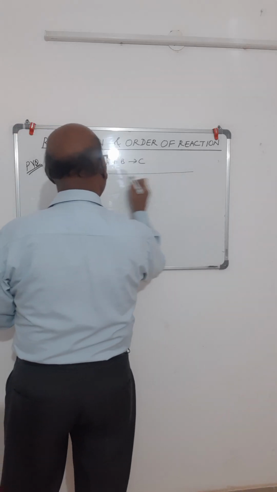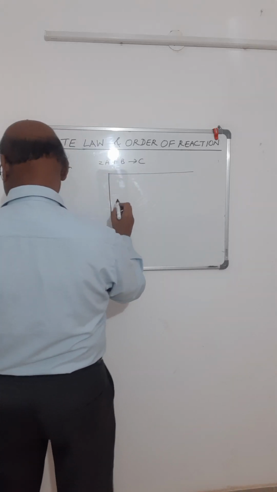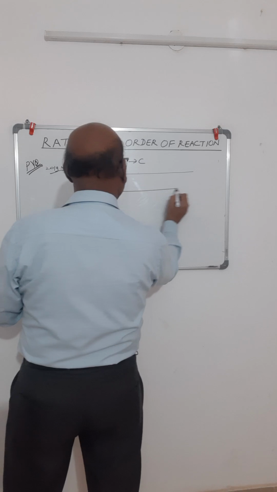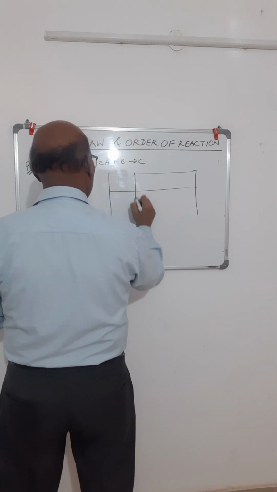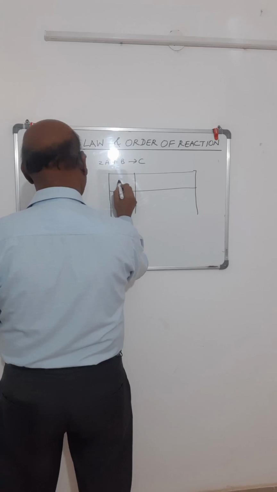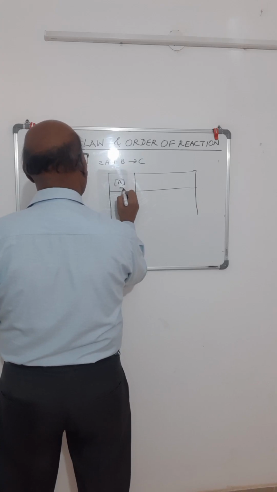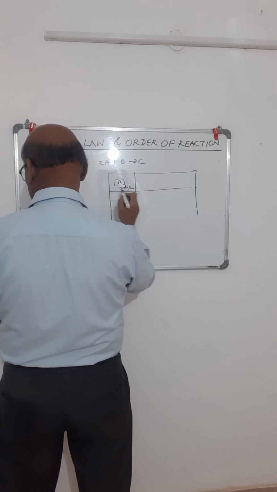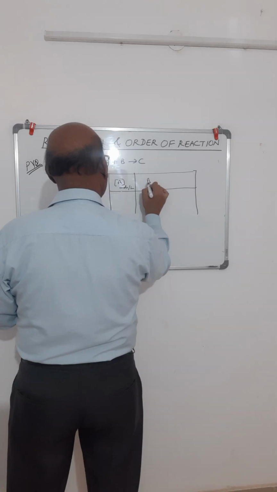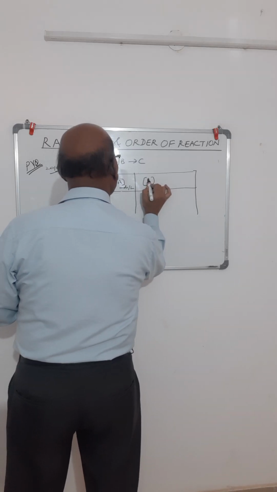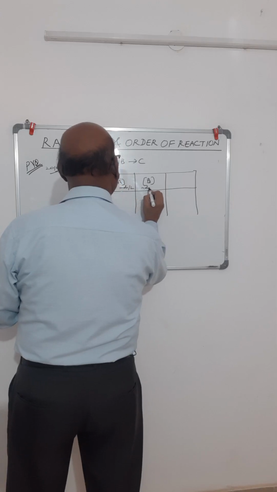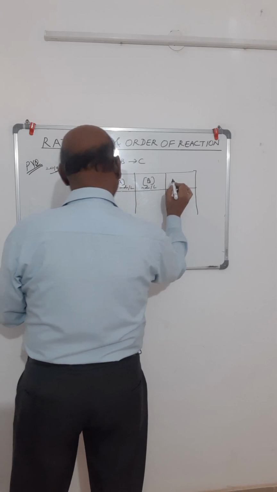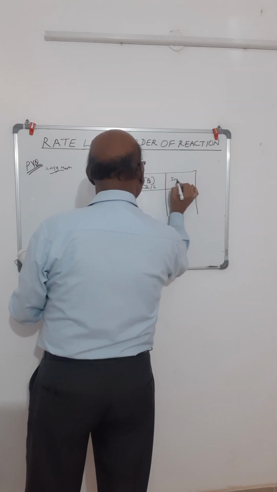So a table is given to us where we are given the initial concentration of A in moles per liter, and the concentration of B, also in moles per liter, and the initial rate of reaction is given.